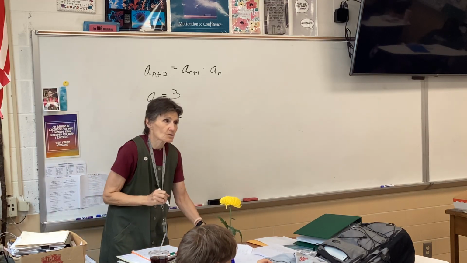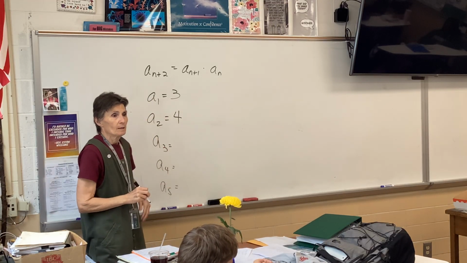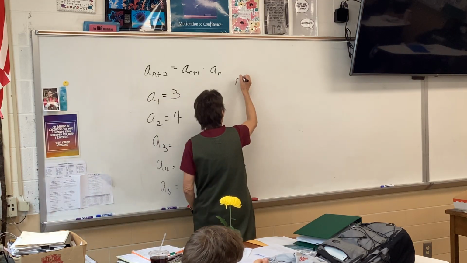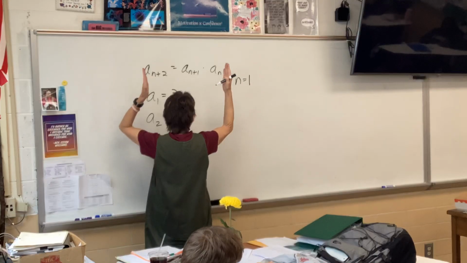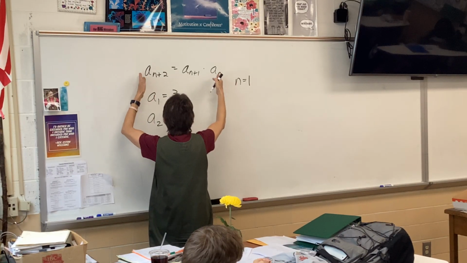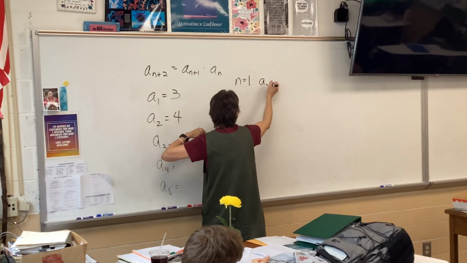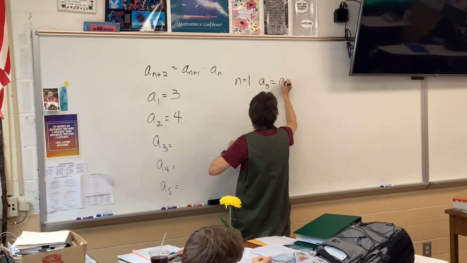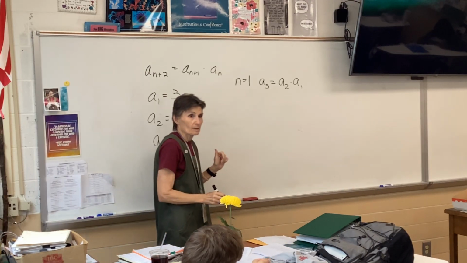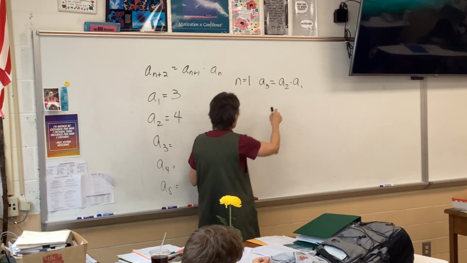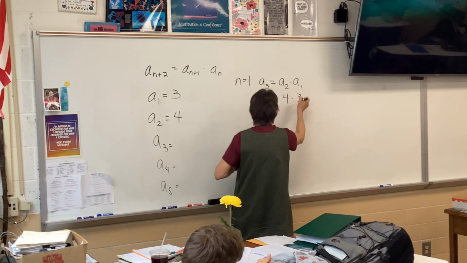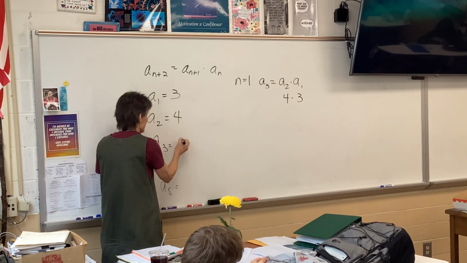Okay? So how did we start last time? n equals 1. So if you let n equal 1, what does this say? If you put in 1, what does this say? A sub 3 equals a sub 2 times a sub 1? Yeah. We know a sub 2 is 4 and a sub 1 is 3, so it looks like a sub 3 is 12.